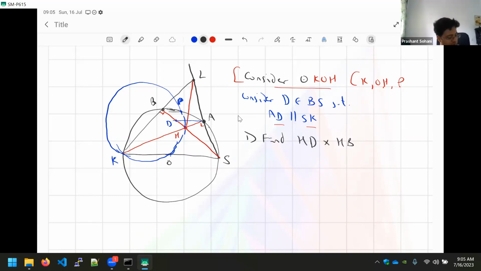In this first part, the point P is not important. So you can just focus on this second piece of information, ignoring point P for the moment. In fact, you can draw a new diagram where the point P is not there in the picture, just to simplify things. So you can focus on just the line AD, which is parallel to the base. And can we find HD into HB?